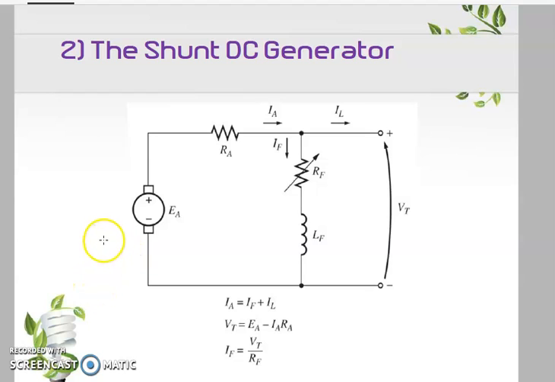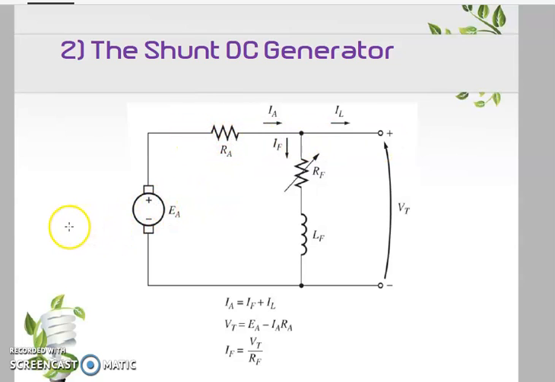Okay, next we go to the schematics or the arrangement of the DC shunt generator. Same as the DC shunt motor, we have here the field branch and the armature.